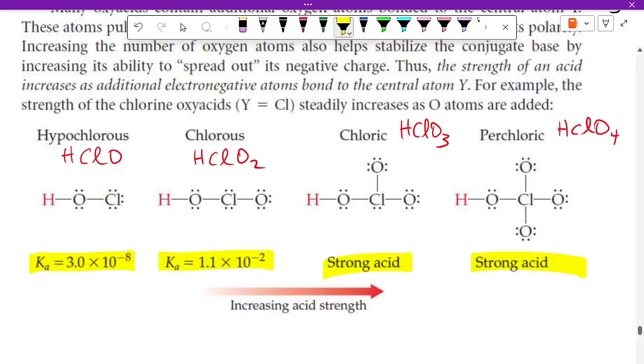Why is that? We have more oxygens, so we have more electronegative species on the conjugate base.